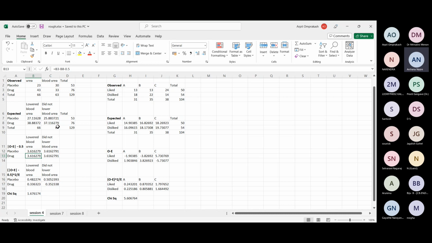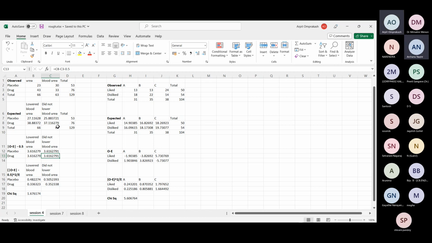O minus E, I'm getting 0.5. Maybe I should redo something. Till expected value, I've got correct. So these you can do anyways. I finished, sir. Next level, I'm planning.